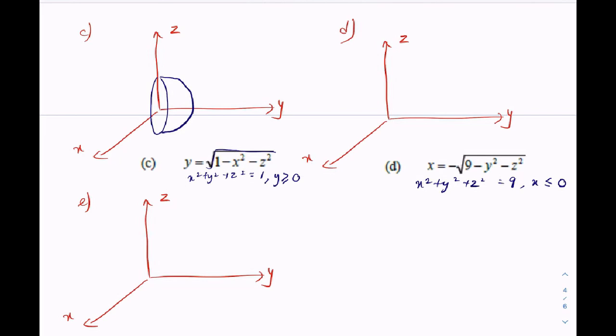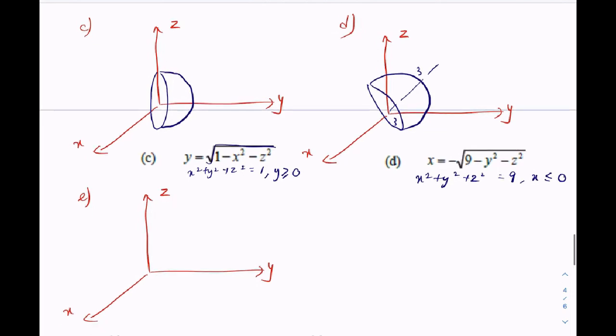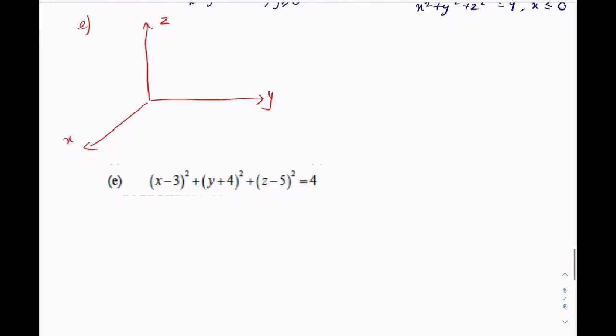Okay, this one, hemisphere at the negative side of x. This one is 3 and this one is 3. Okay, done. How about this one?